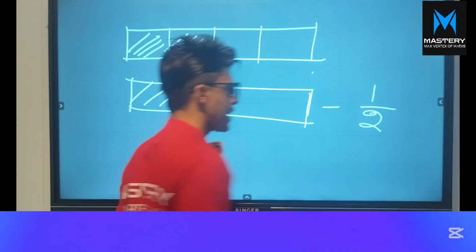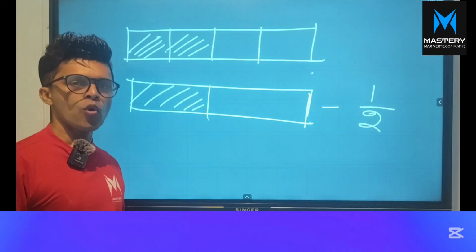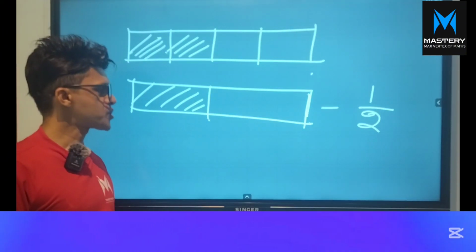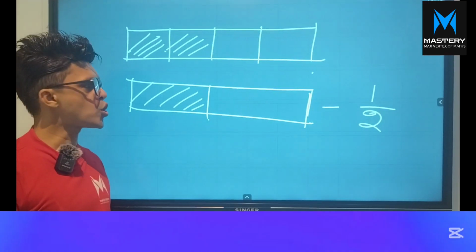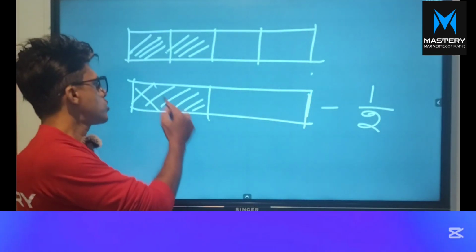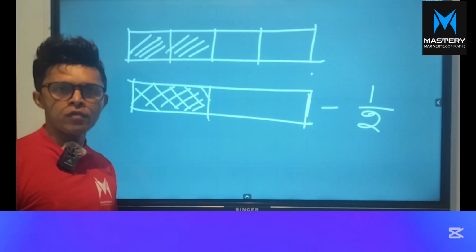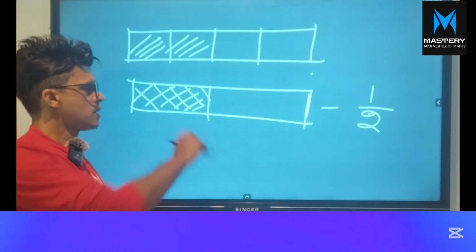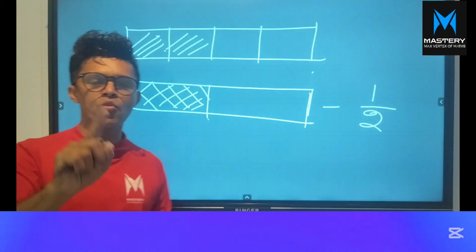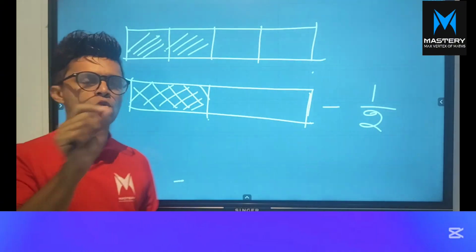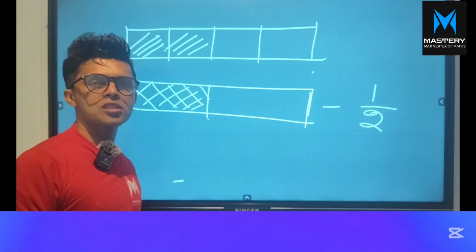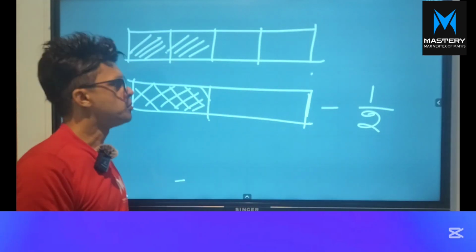When you were in lower grades, and last year also, I do think you were taught this type, and you could mark this one as 1 over 2. This whole segment has been divided into two equal parts, and you colored one part. This can be mentioned as 1 over 2.